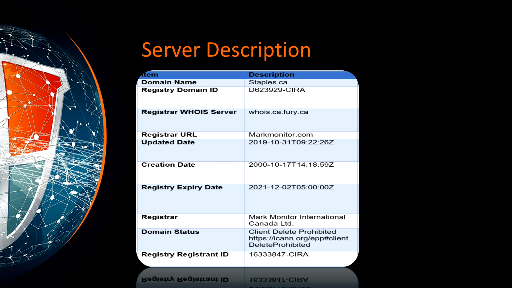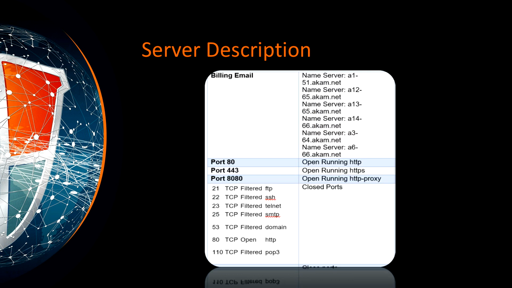Domain status and registrant IDs. These IDs are also very important if you attack somebody's domain. So these are the IDs. And the next one is, you can see they use a billing email and name servers.